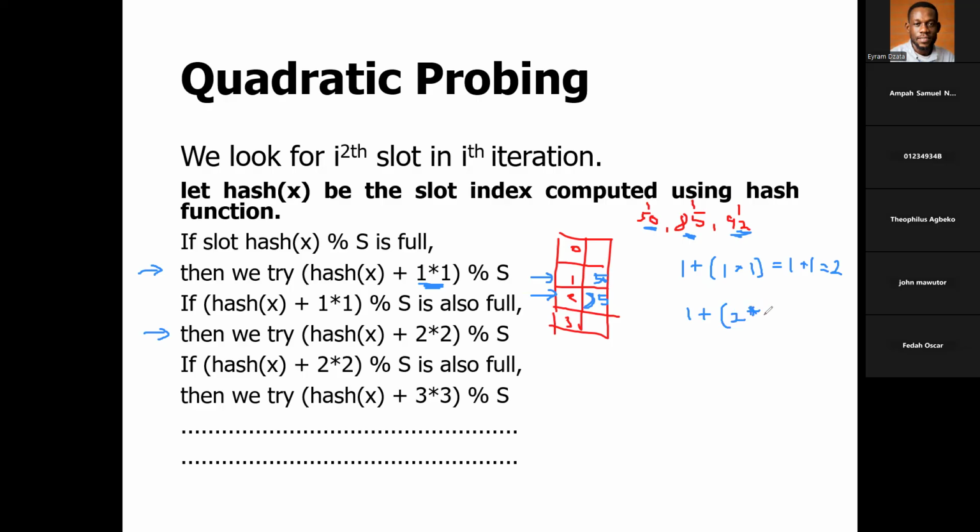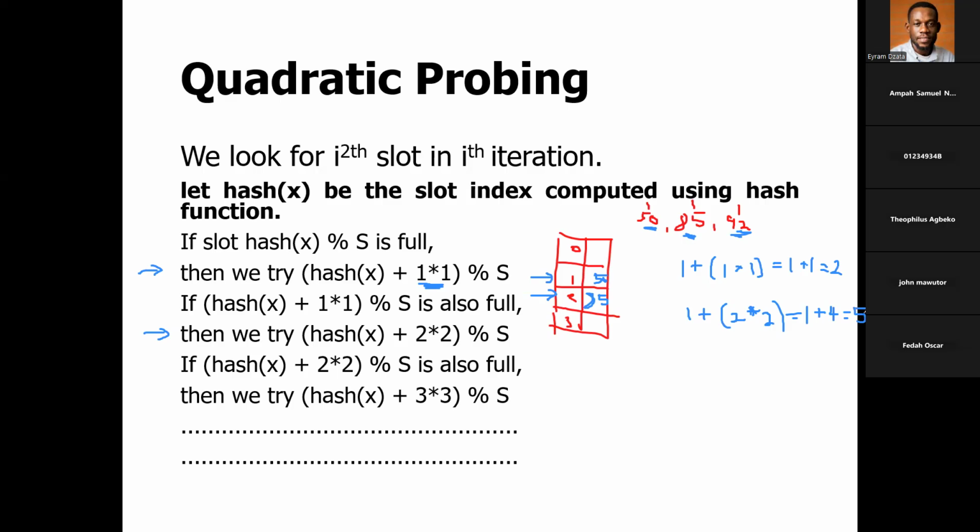So the hash, which is 1, plus 2 times 2. Take note, we are doing quadratic probing. In quadratic probing, we square the values. So 2 squared, 2 times 2, will give us 4. 1 plus 4 will give us 5.